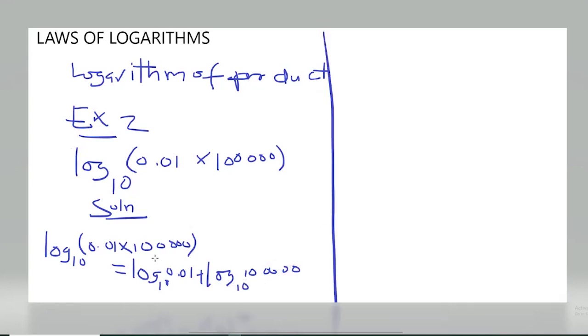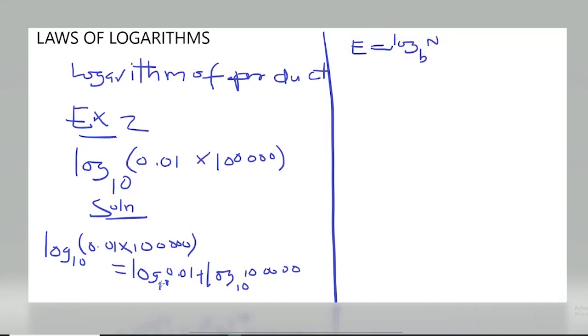Now find the value of the logarithm of 0.01 to base 10. From the formula, we know the exponent is equal to the logarithm of a number to a base.